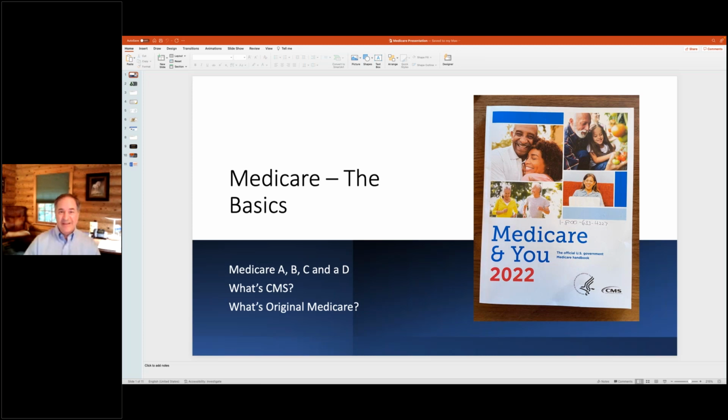Now, let's get into the nuts and bolts about the A, B, C, and the D. What is all this letters stuff that keeps going on here? A and B. First of all, Medicare Part A, you may not know this, but it's mandatory. You've been paying for Medicare Part A all your working life. Whether you like it or not, you have to have Medicare Part A. It's part of your FICA taxes.